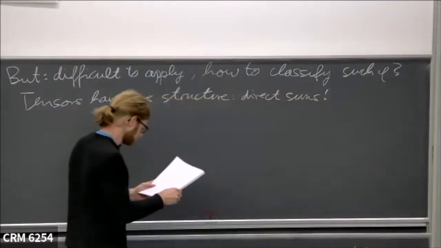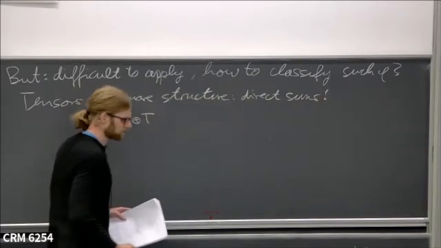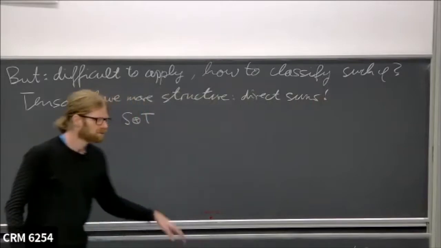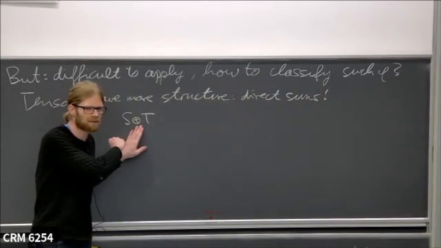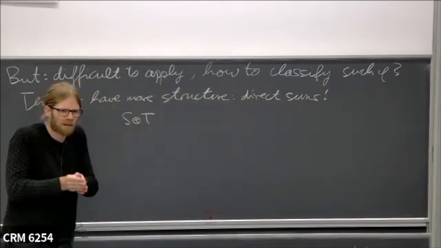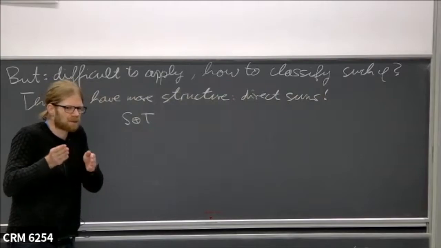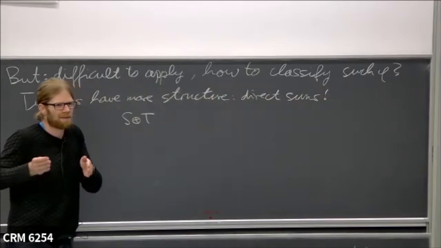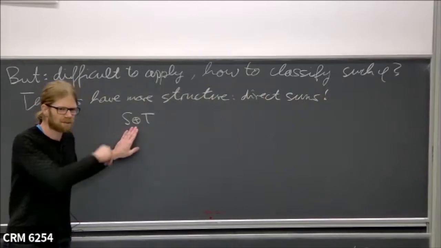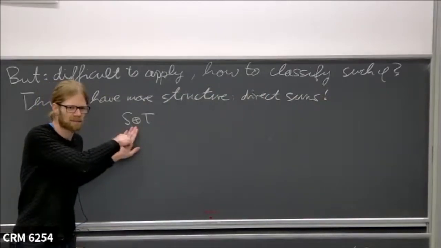If we take the direct sum of two tensors, what Strassen means by this is that we first of all take the direct sums of the local tensor factors, and this is where the new tensor S direct sum T lives.